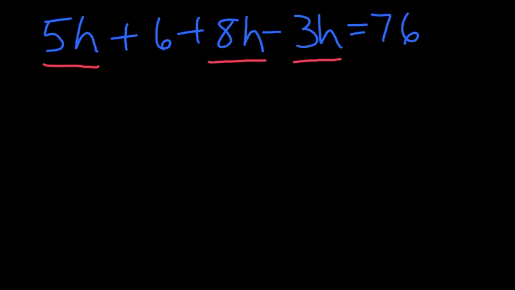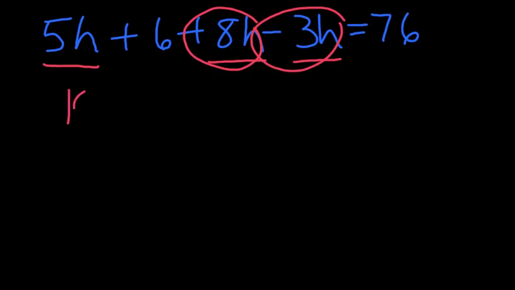So 5h plus 8h is what? 13h minus 3h is 10h. So that is 10h. Then you have plus 6 with no like term, so you just bring it down. Now we just simplified it. We haven't started solving, we've just simplified.